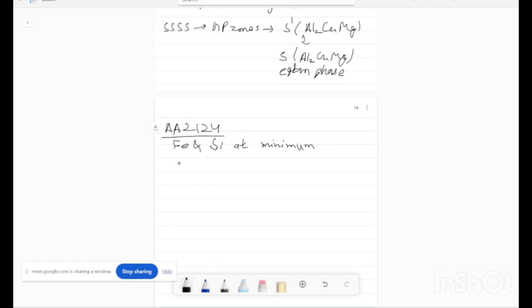So the 2124 alloy is used in the T8 condition, which is solution treated plus cold work plus artificial aging.